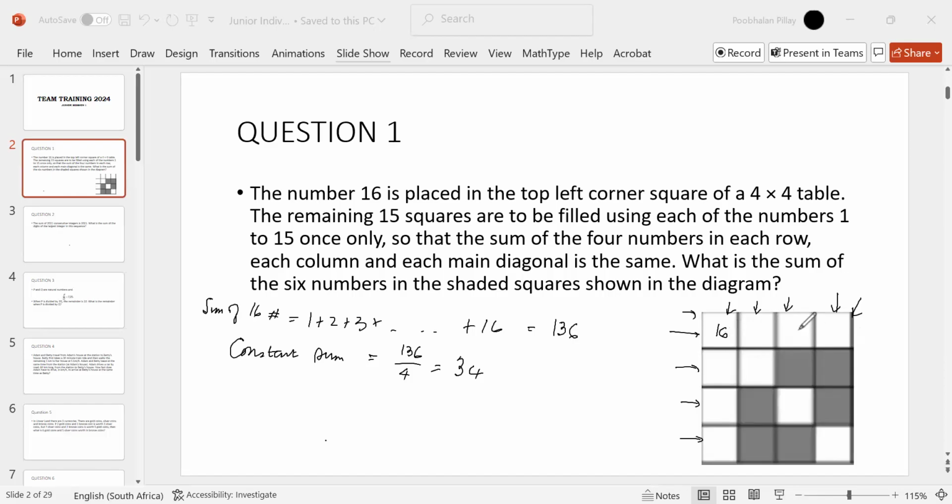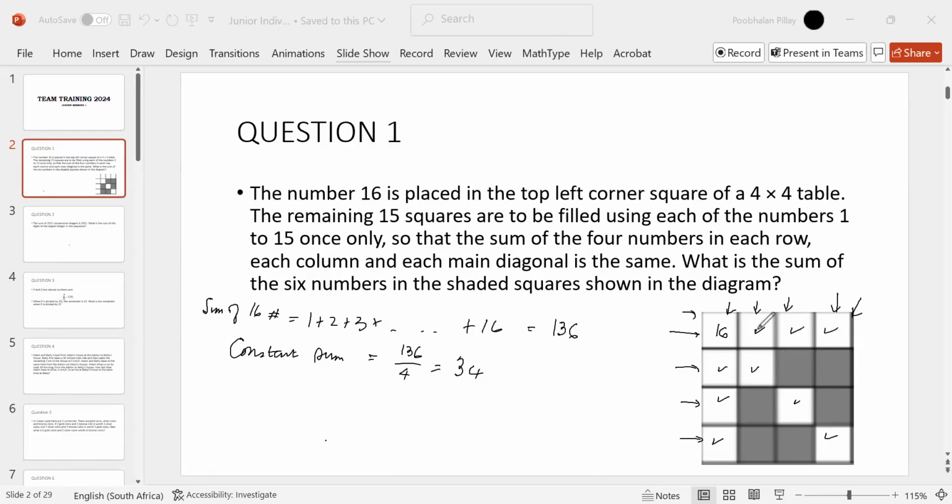So the sum is 34, which means if this is 16 here, and all these numbers add up to 34, then the 3 numbers I'm ticking add up to 18, and these 3 numbers also add up to 18, and those 3 numbers here also add up to 18.